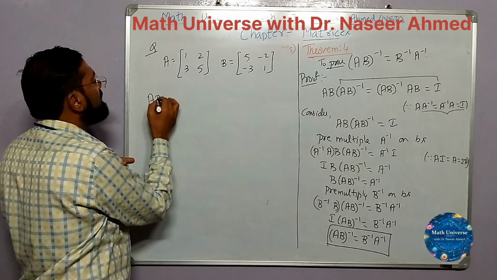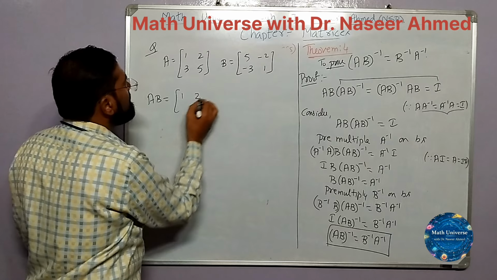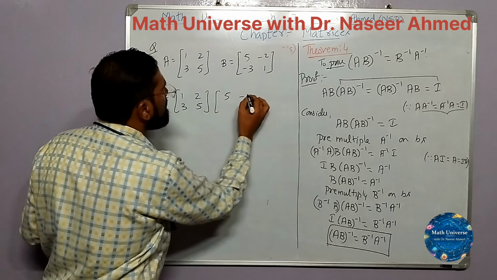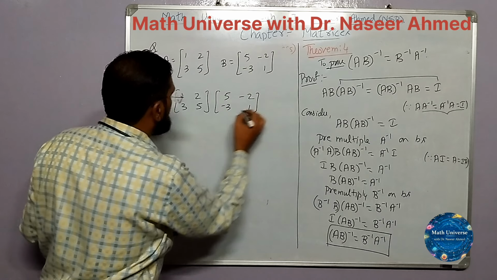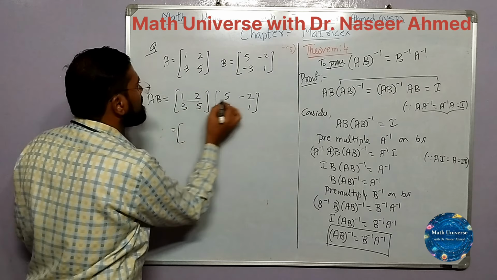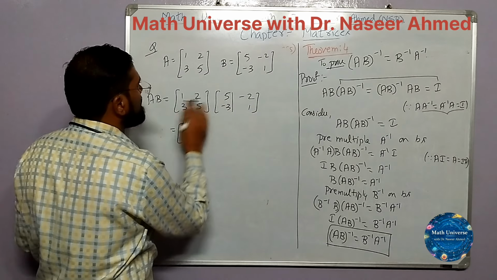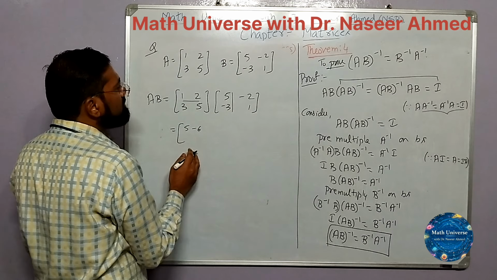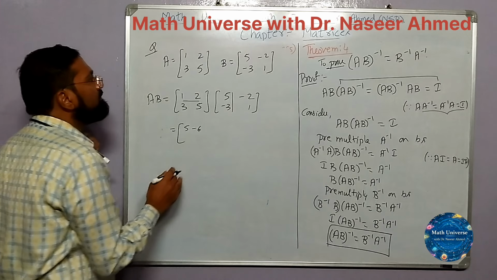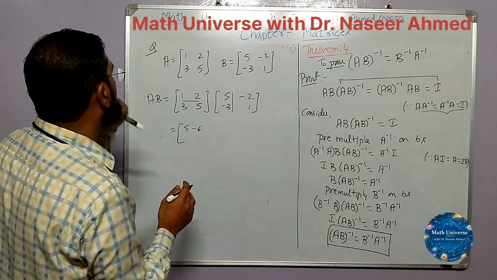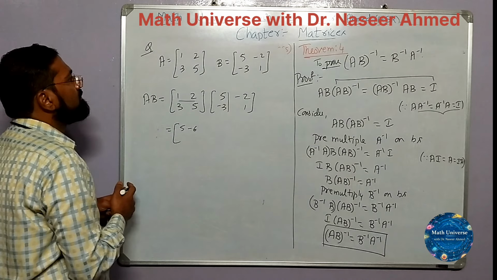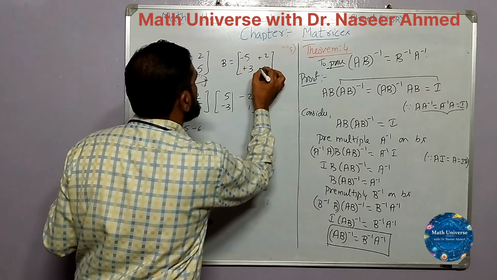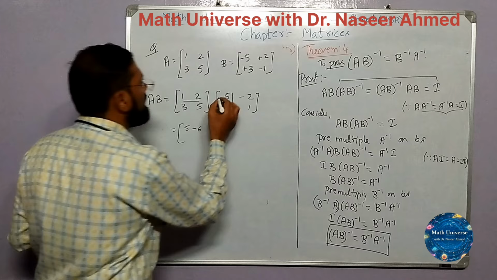So A into B. If I perform the multiplication, first row, first column, 1 into 5 is 5, minus 6. Have I taken a proper example? Oh, okay, I have to have a sign like this. Now we can go ahead.